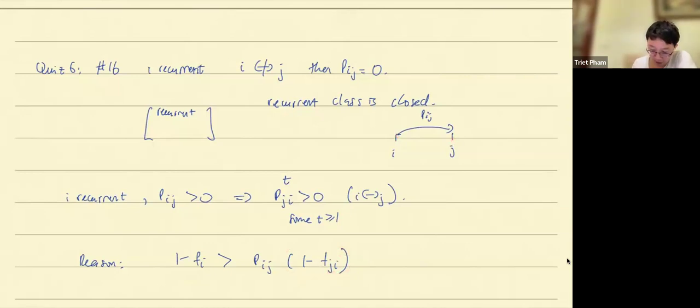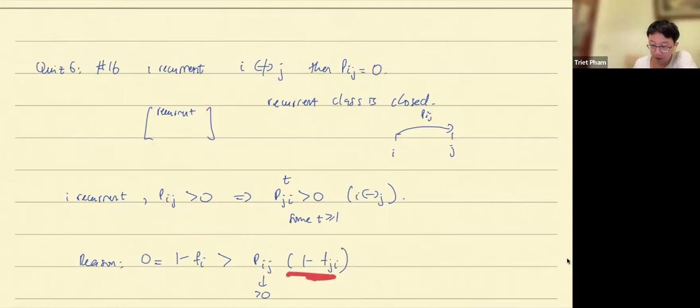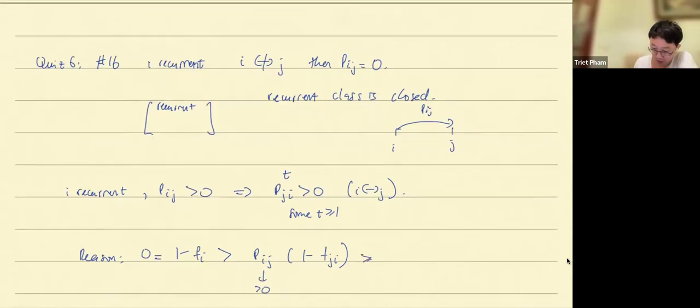But this is zero because state i is recurrent. And Pij is positive. That means that this guy must be zero, or you are guaranteed to be able to go from j to i.